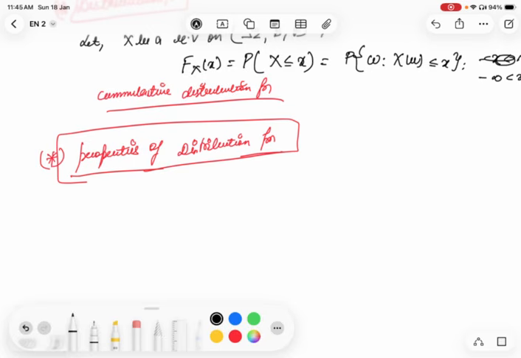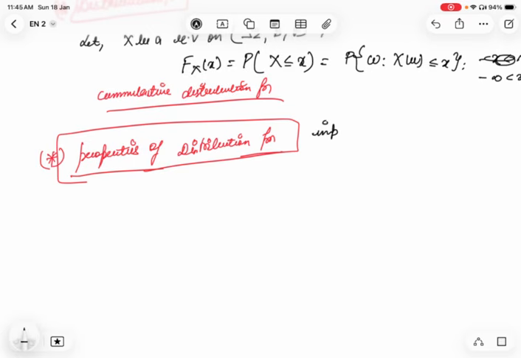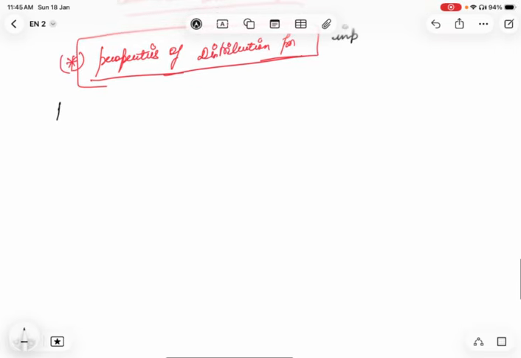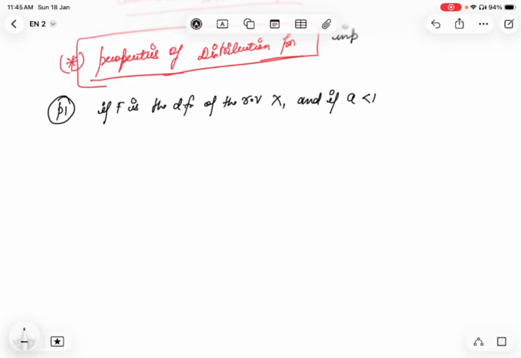The properties are important because sometimes you get a direct question from the properties of the distribution function in the exam. Okay, so property one is what? If F is the distribution function of the random variable X, and if a is less than b, then P(a < X ≤ b) = F(b) - F(a).